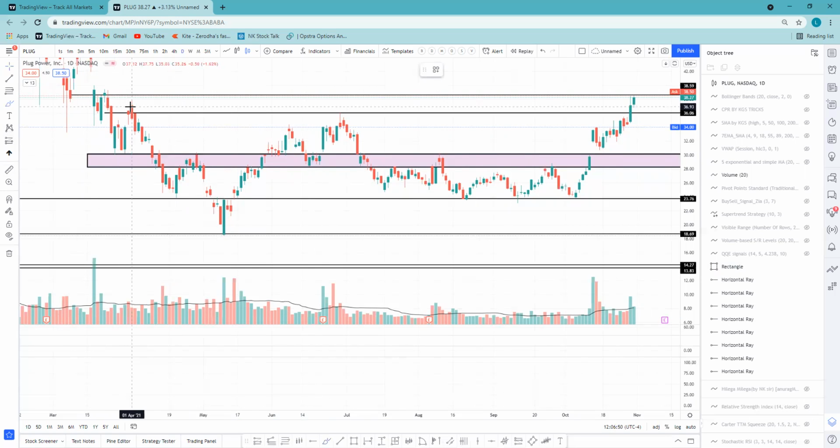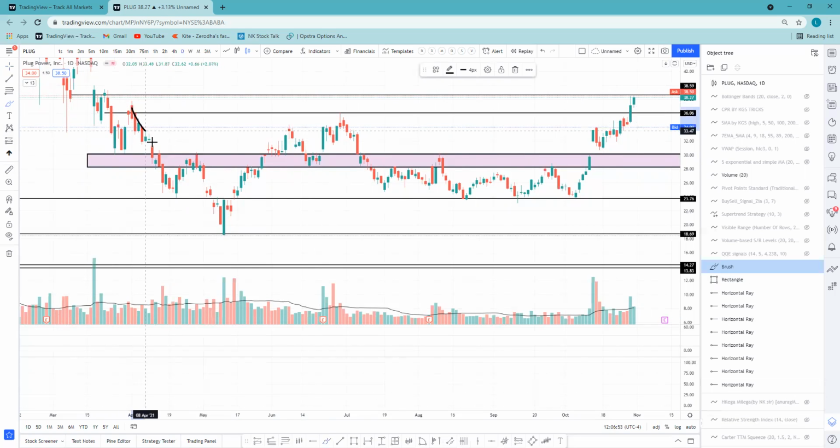When the price was coming from the top, it breached this area. Then it went to this resistance, because this one acted as a support earlier. It breached that area. What did I say? Support becomes resistance, resistance becomes support. So this area acted as a resistance. Then the price came up.